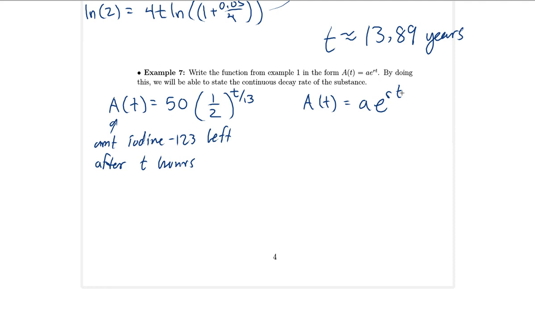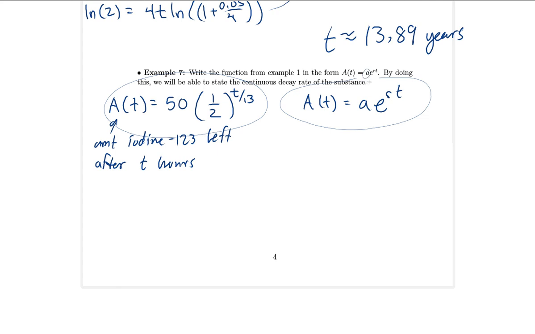So what we might want to do is rewrite an equation that's expressed like this in this manner. That will allow us to state the continuous decay rate of the substance, which would be our r value. All right, so how do we do this? Well, A is going to be the same no matter what, right?